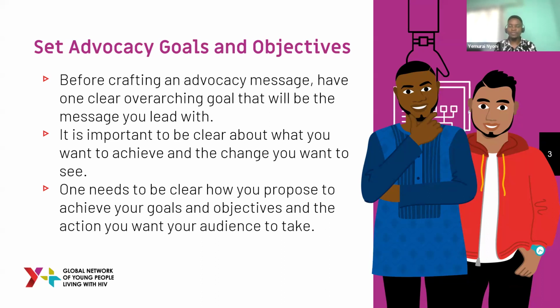We spoke about setting goals and objectives. We're very clear about that. So the more clarity you have generally about your advocacy goals and objectives, the clearer you will be able to communicate that to partners. Also, you need to be clear about how you propose to achieve your goals and objectives and the action, we spoke about this earlier, the action that you want your audience to take.